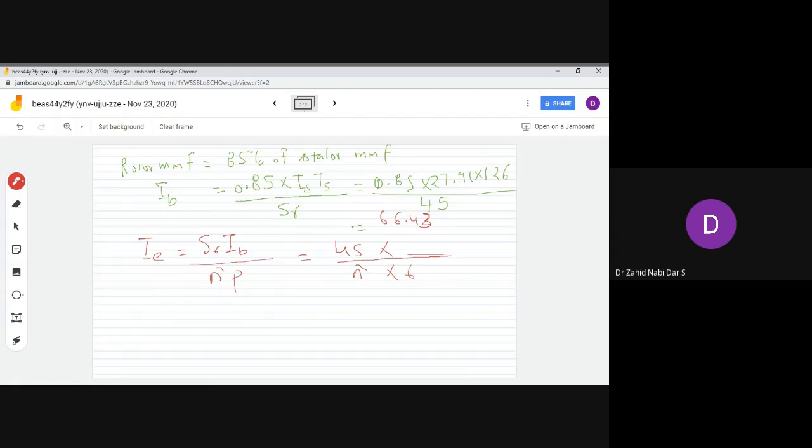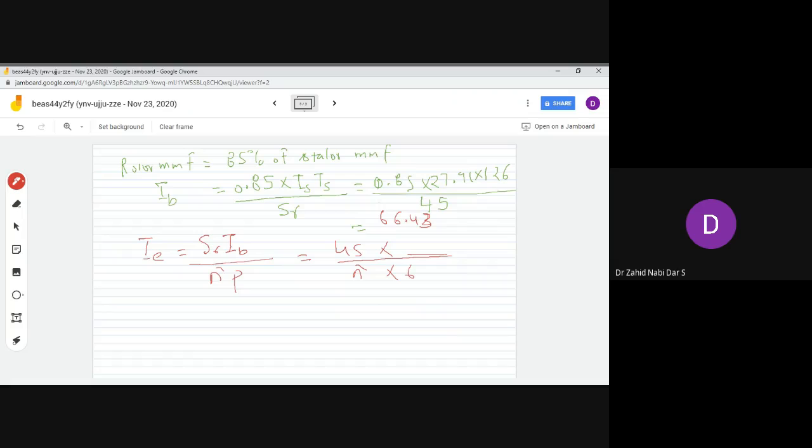If you go to yesterday's class, for the bar current, was it only 0.85 of this, or were there some other factors involved? It was 0.85 into 6, sir. So why did you not take that 6?